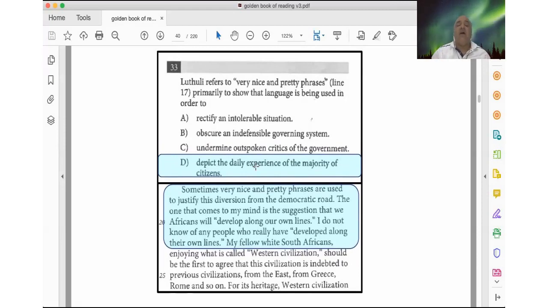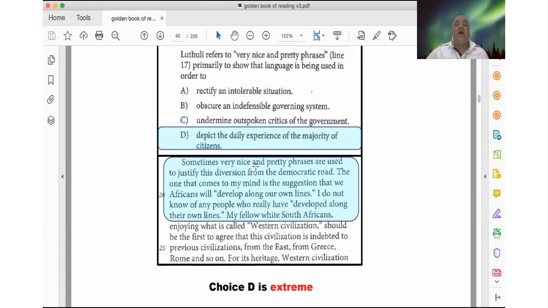Choice A, rectify an intolerable situation. Choice B, obscure an indefensible governing system. Choice C, undermine outspoken critics of the government. Choice D, that I care about, depict the daily experience of the majority of citizens.